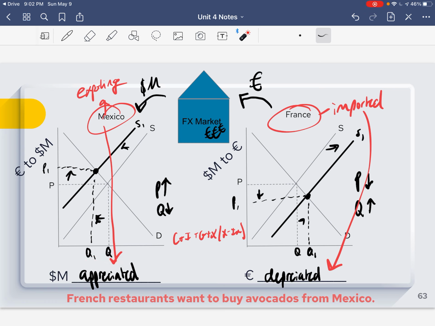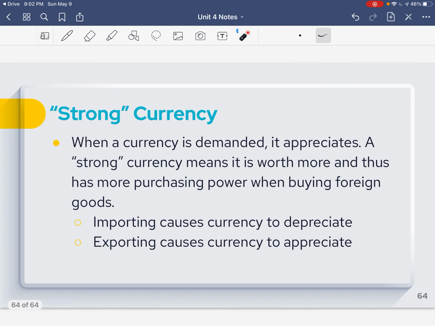And that doesn't mean we shouldn't import anything. It just means that we should be working towards a favorable balance of trade and not always in the deficit. Okay, so you're going to hear me in class call things a strong currency, and I don't mean it has muscles and tattoos and it's really strong and intimidating. It means that it is very appreciated. So a strong currency is a currency that people want. It has appreciated.